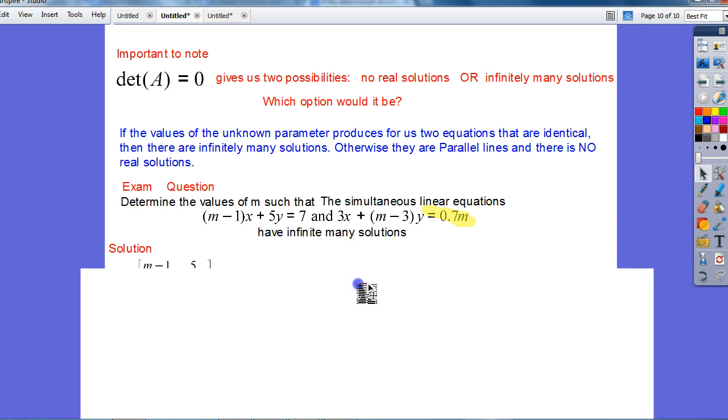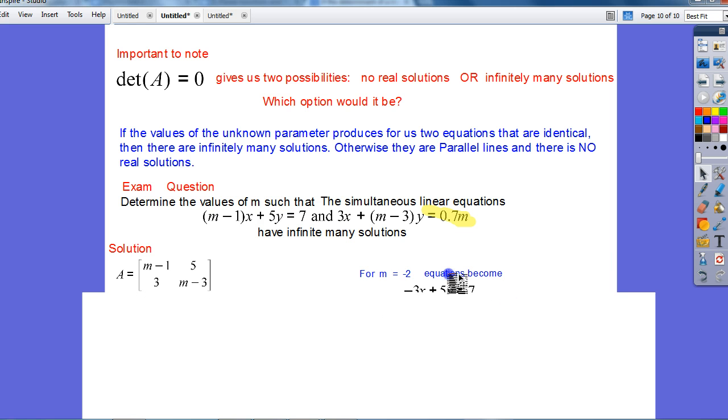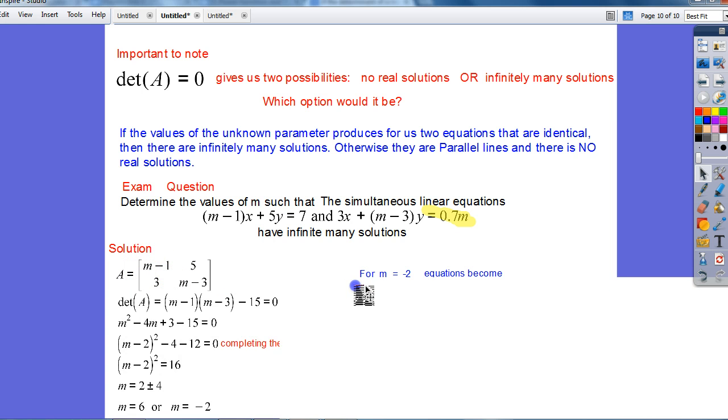So the solution is first set up our coefficient matrix. We're going to work out the determinant of the coefficient matrix, like that, A times D minus B times C. We're going to make it equal to 0 because that's when we have infinitely many solutions.